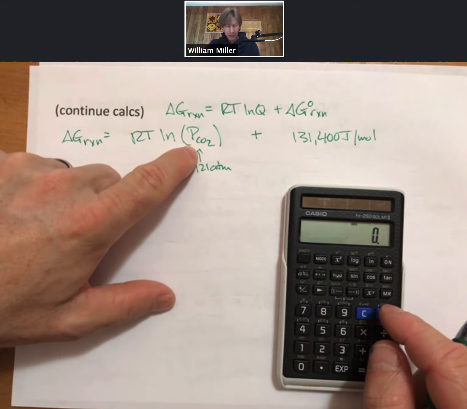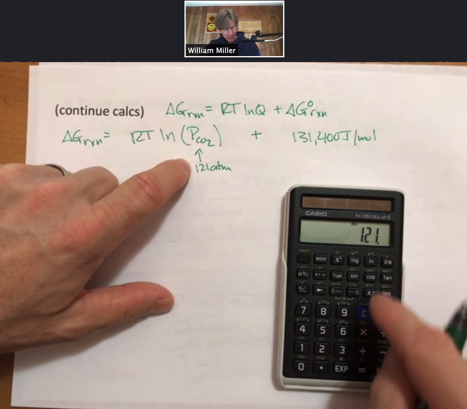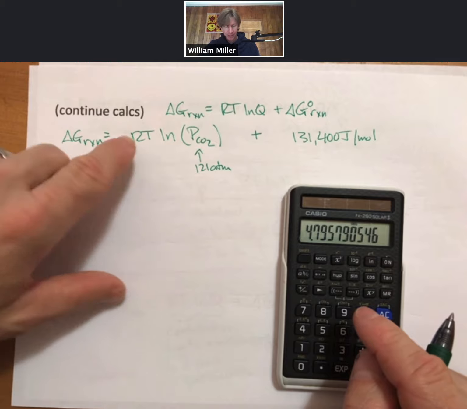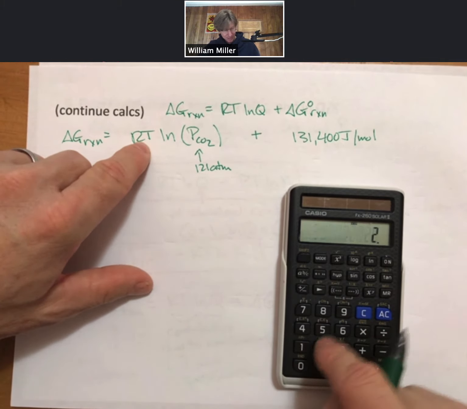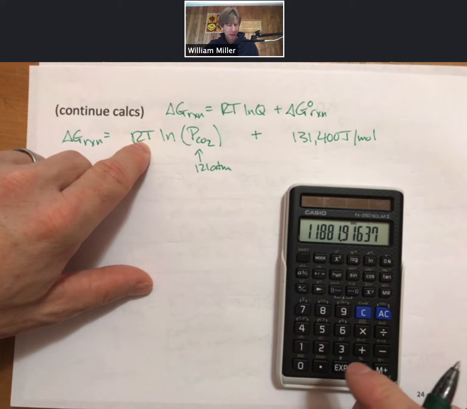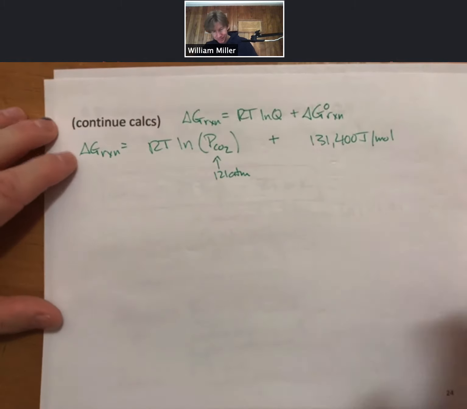So let's see what we get. This term, 121, natural logarithm times R times T, is 11,881.